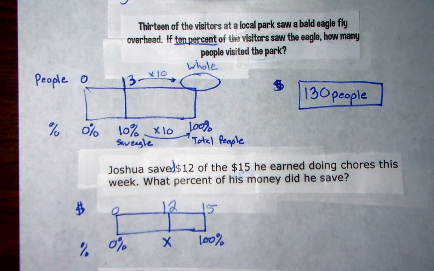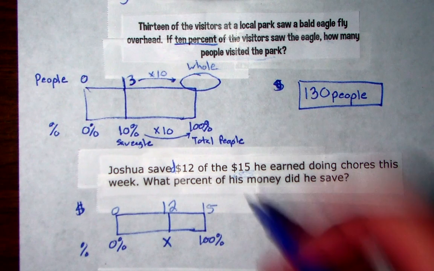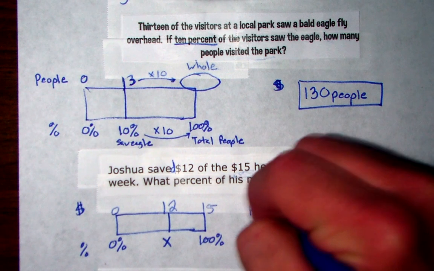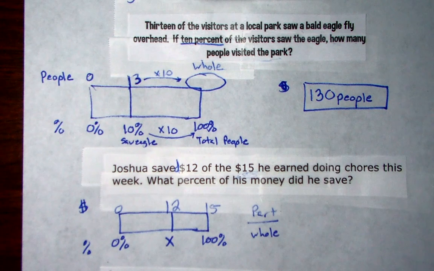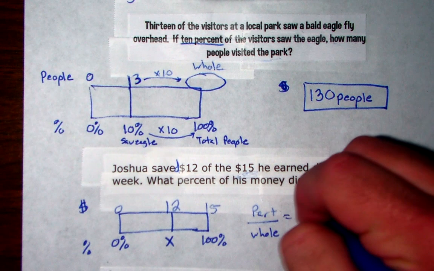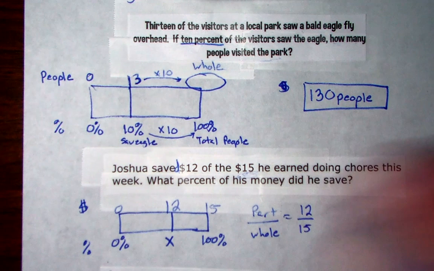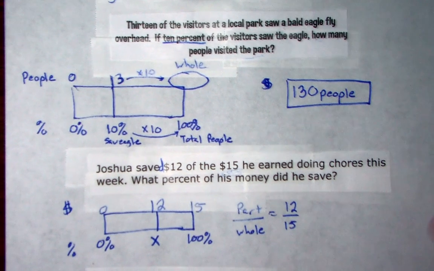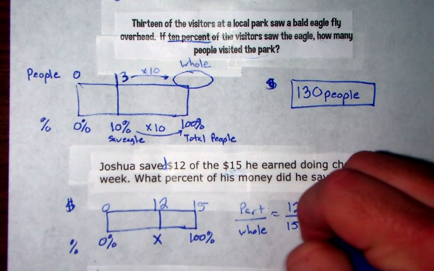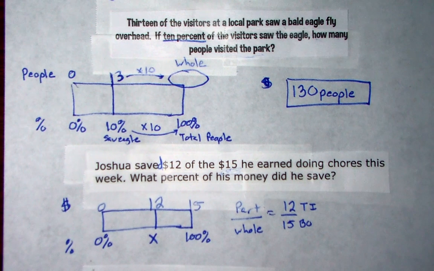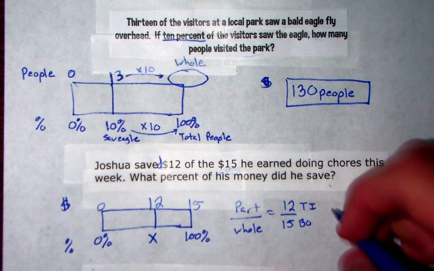If you're given the part and the whole, you can simplify it if you want, or this time I'm just going to do top in, bottom out. Because last time I simplified and then I was able to find a scale factor. So I'm going to show you a different way.